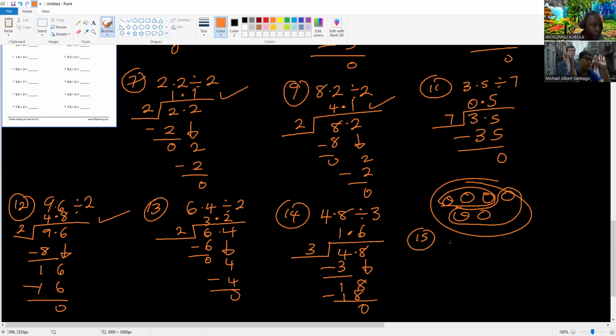Number 15. 7.8 divided by 2. So I have 7.8 here. How many 2 is in 7, Miggy? How many times can 2 go in 7?